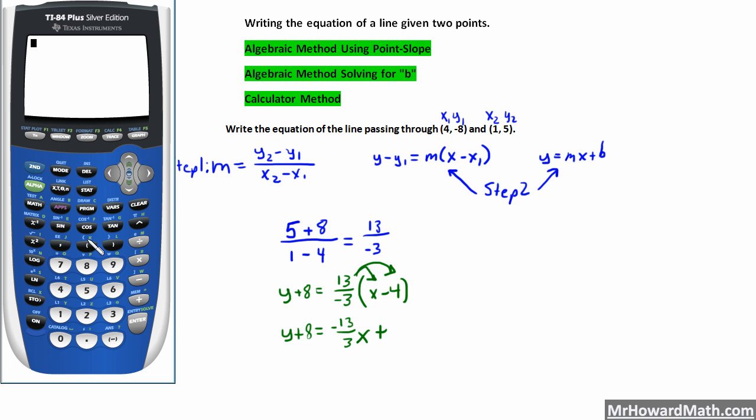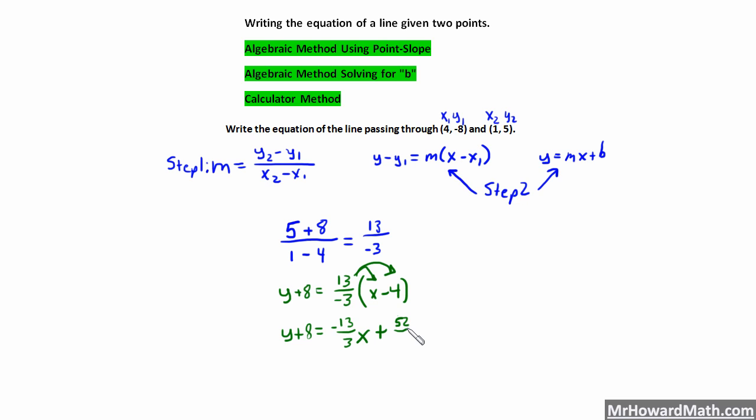So we have, in parentheses, since it's a fraction, -13/3 times, and we can hit the times key or just put it right beside that parentheses, and our calculator knows that means multiply. So that's times -4. Okay, that's 17 1/3, so math enter on that to give us a fraction. That's 52 over 3. So plus 52 over 3.